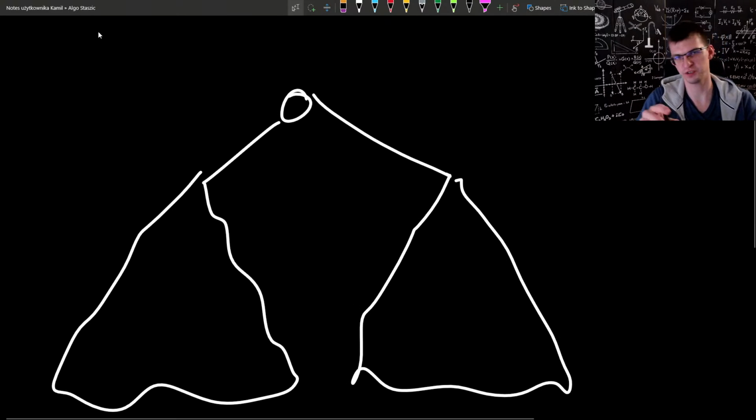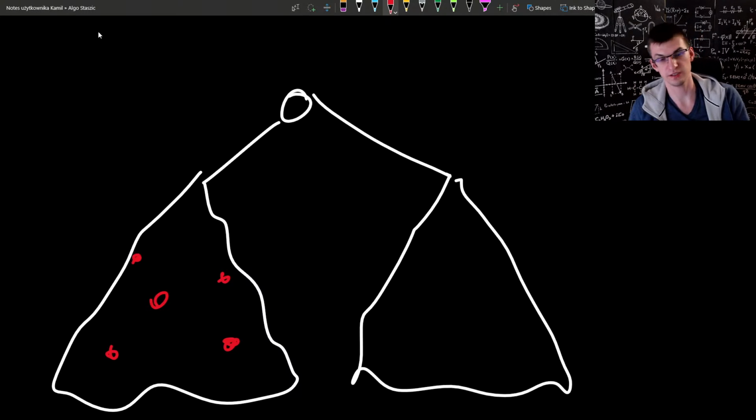When I solve difficult competitive programming problems, this is also a drawing I make on paper. After I already put some cameras here, what's important? It's important how many cameras there are. And also it's important whether I put a camera here, because if yes, then it monitors the parent vertex as well.